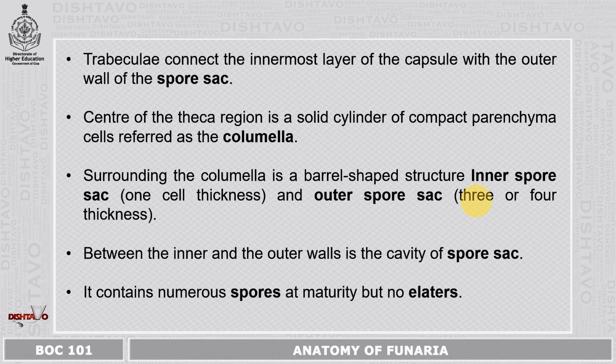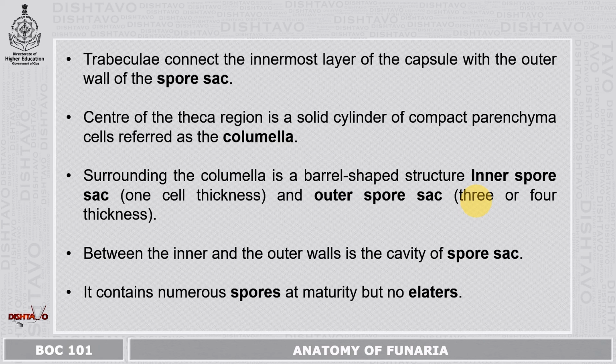trabeculae. Now, the trabeculae connect the innermost layer of the capsule with the outer wall of the spore sac. The center of the theca region is a solid cylinder of compact parenchyma cells, and these are known as columella.